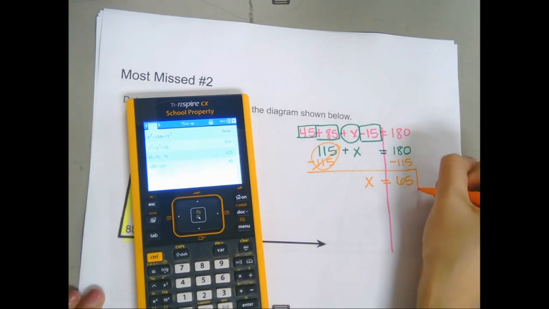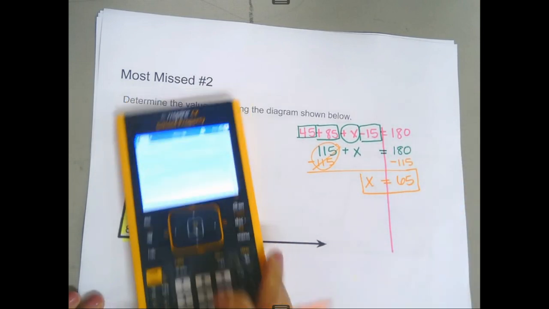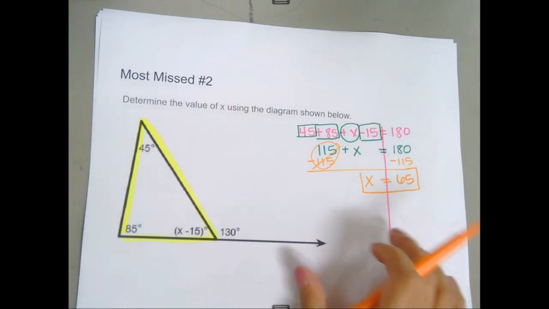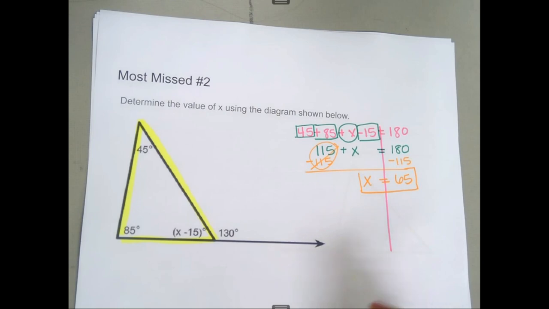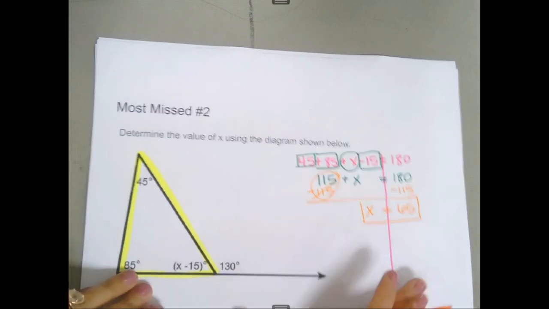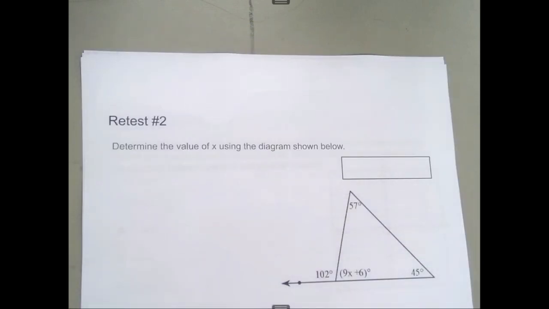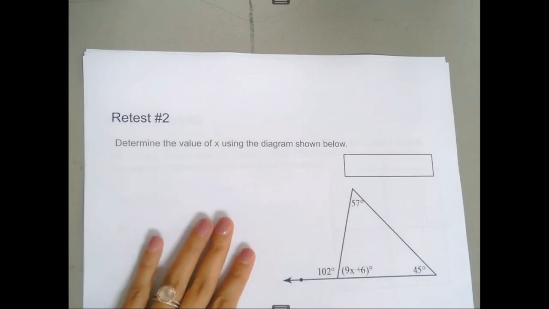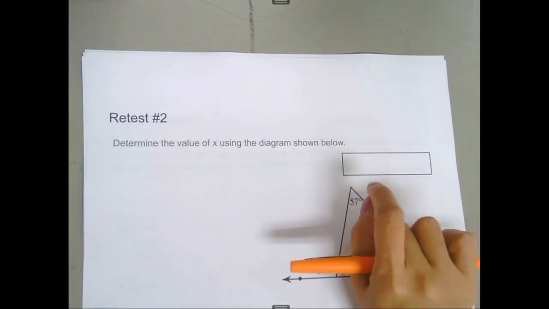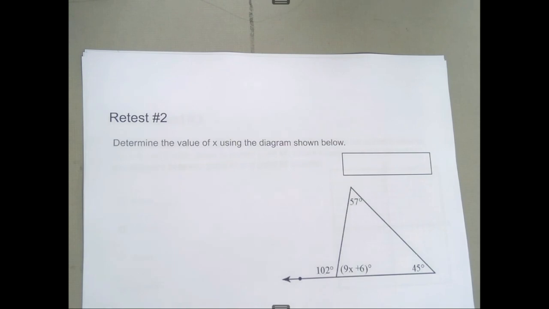So my answer should have been x equals 65. Make sure you have this work done. Now you're going to work retest question number 2 on your paper. Write your answer in the box, and you're going to answer retest question number 2 in the Edpuzzle.